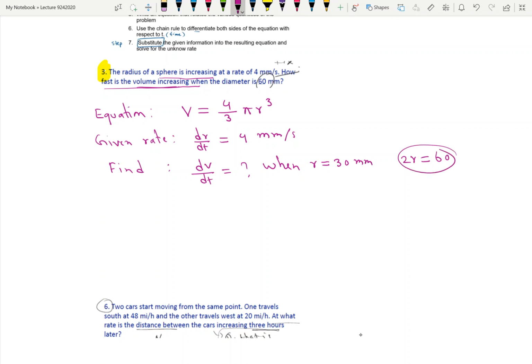Okay, so as before, take the derivative of the equation with respect to t.